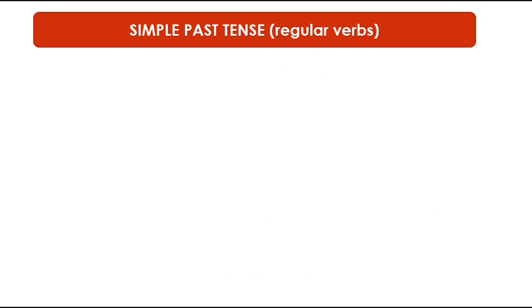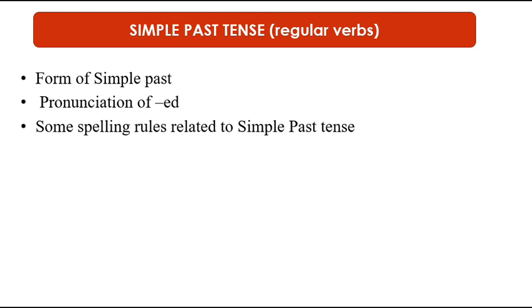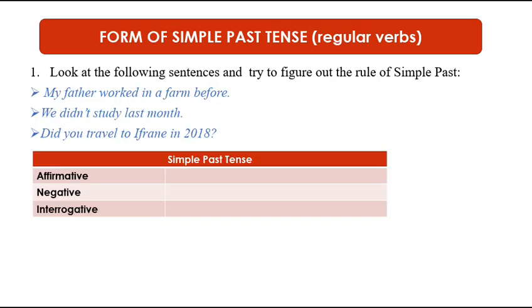So, we are going to deal with simple past tense of regular verbs. In doing so, we are going to pass through the form of simple past, pronunciation of ed in simple past tense, and some spelling rules related to simple past tense. First, form of simple past tense.